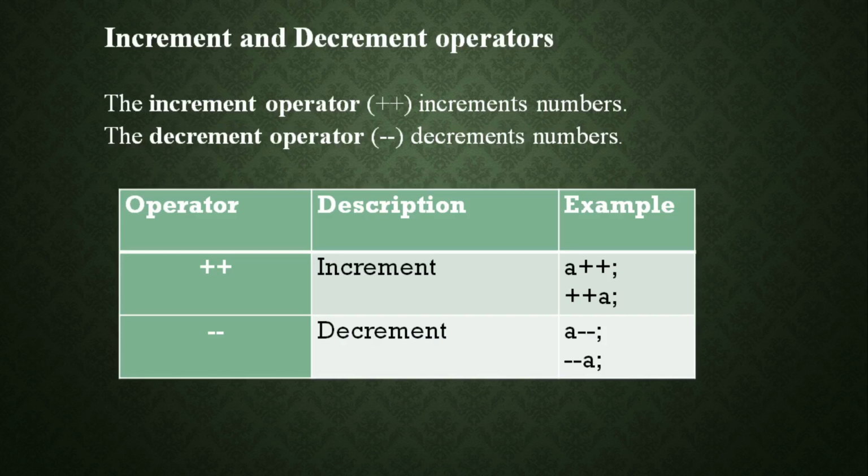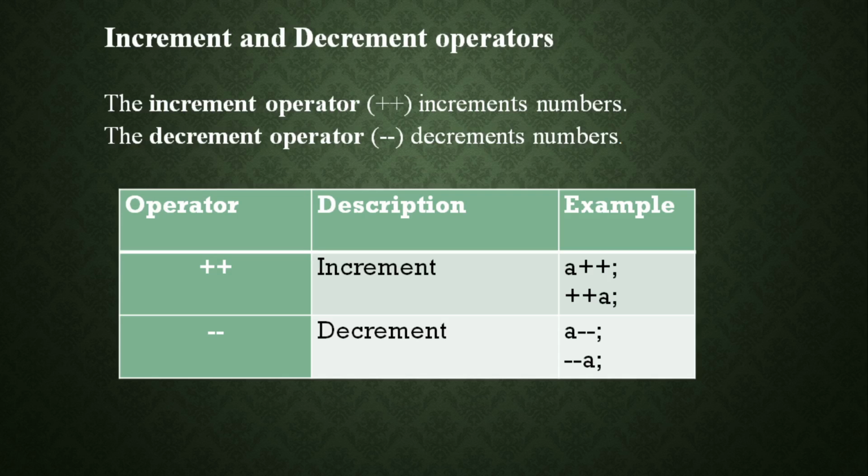Next type of operators are increment and decrement operators. If I want to increase a value in a program, then we use the plus plus operator or the minus minus operator, increment operator or decrement operator.